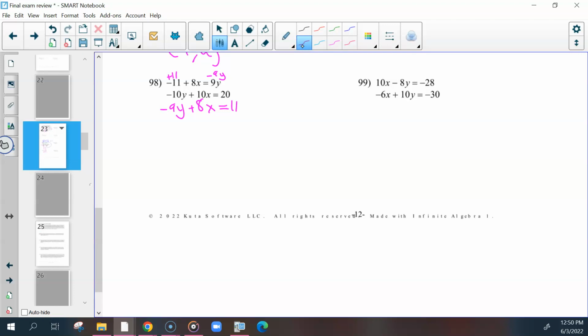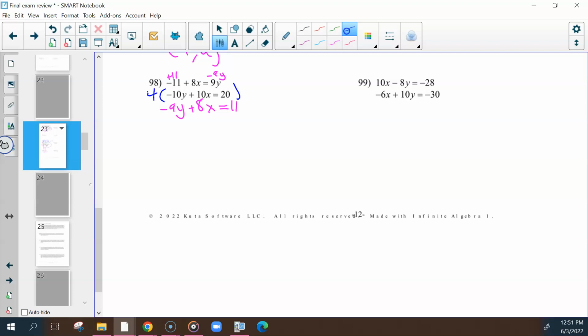Now the process is the same. We have to make either y's or x's the same. Does not matter. I'm going to get rid of x's, so that means these both need to be the same, 40.